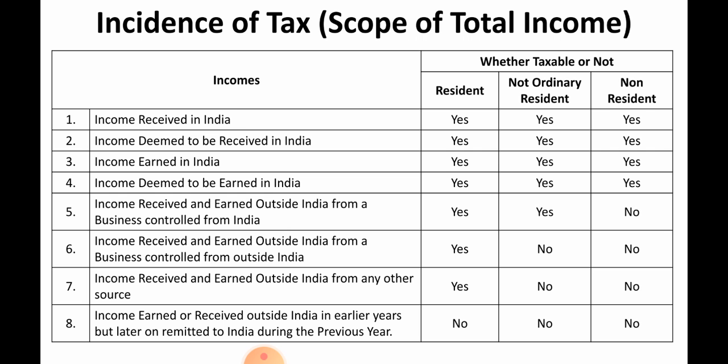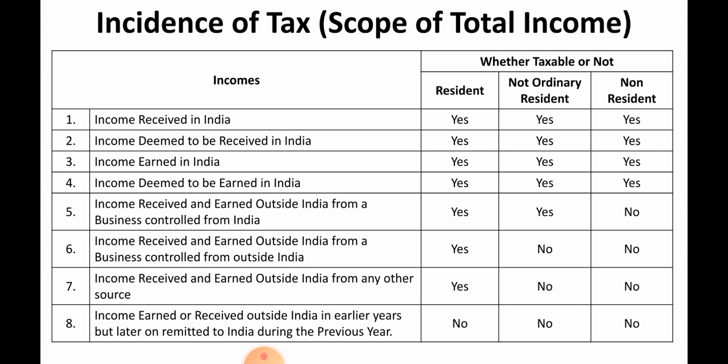first we will find whether the business is controlled from India or not. Like, non-resident will pay tax only on Indian incomes. So after the fourth point, the rest of the incomes, if these are of the nature of foreign income, will not be taxable for non-resident. For ordinarily resident, all will be taxable. Not ordinarily resident, depending upon the business control and management.